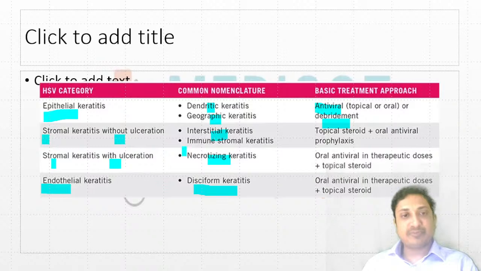With ulceration, if the patient presents, then use oral antiviral in therapeutic doses and use oral steroids, topical steroids. In endothelial keratitis, you can use topical steroids along with oral antivirals in therapeutic doses. So I hope the stages and the categories of herpes ophthalmicus are clear to you.